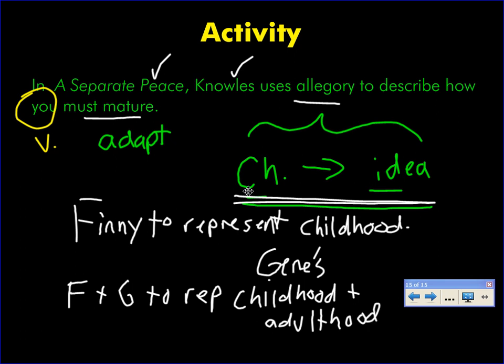Just that. Finney and Jean to represent childhood and adulthood. That's it. Yeah, you could throw in to represent Jean's childhood. That would be specific.